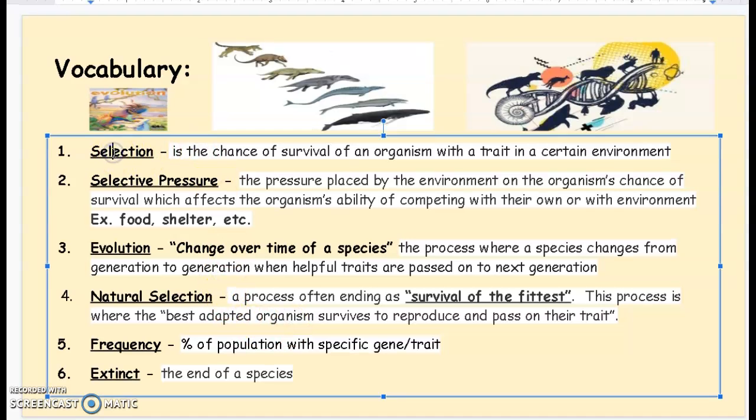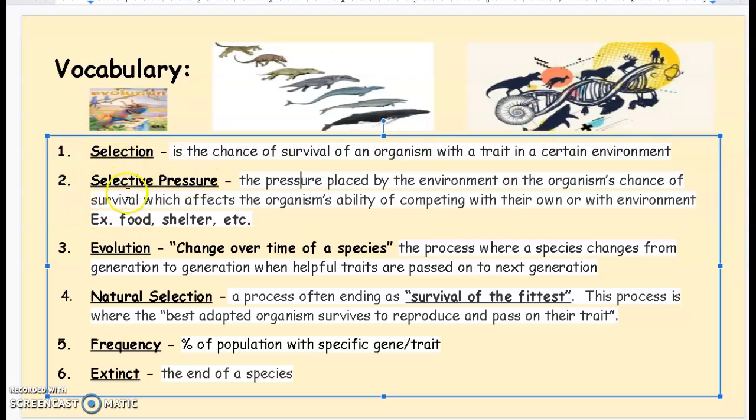So selection. Selection is the chance of survival of an organism when you have a specific trait in a specific environment. An example would be, what are the chances of a white fur bear surviving in the Arctic? That's an example. What are the chances of survival?